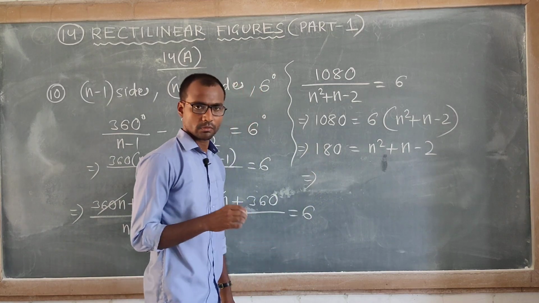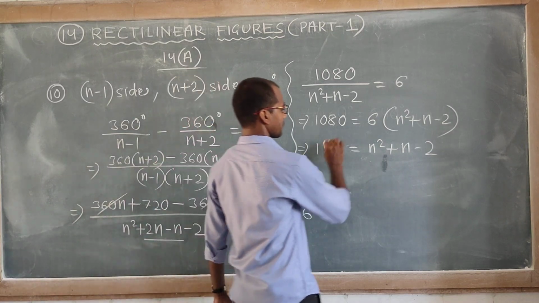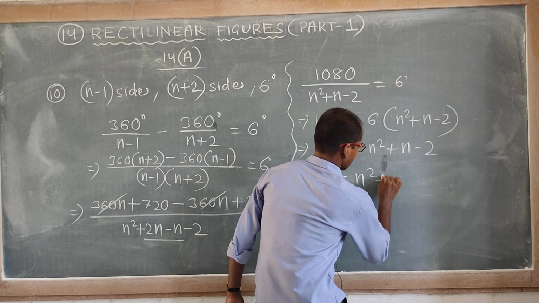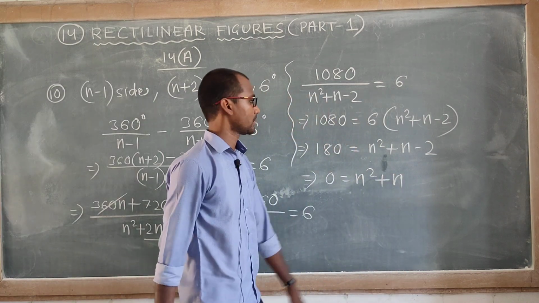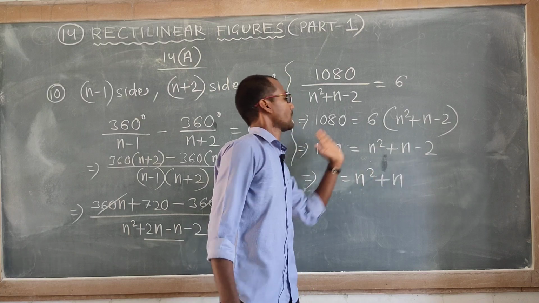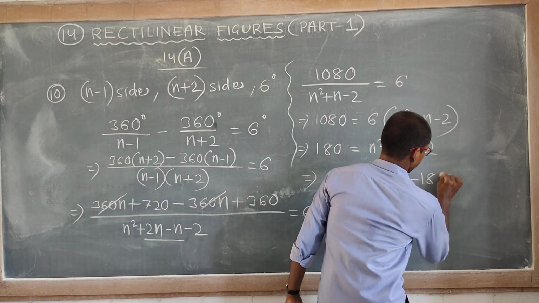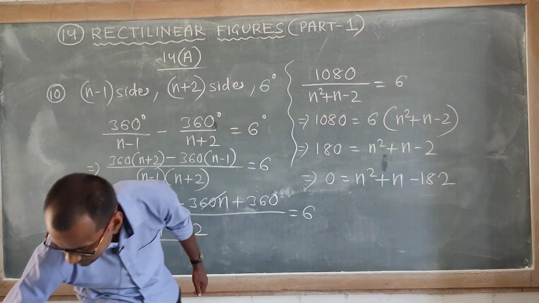It is clearly a quadratic equation. Let us take this 180 to the right. 0 is equal to n squared plus n minus 2 minus 180, which is n squared plus n minus 182.